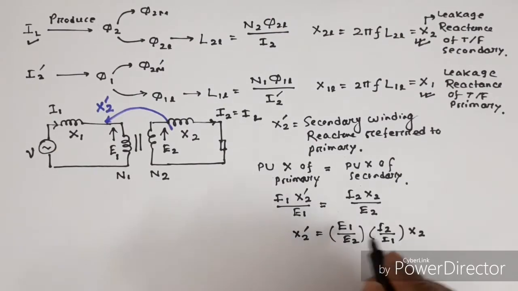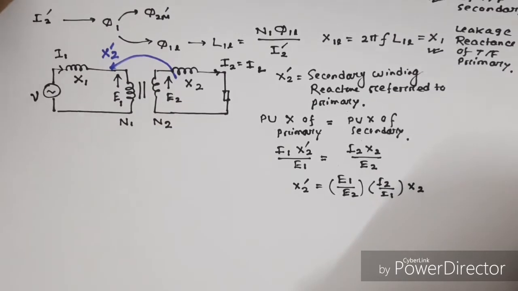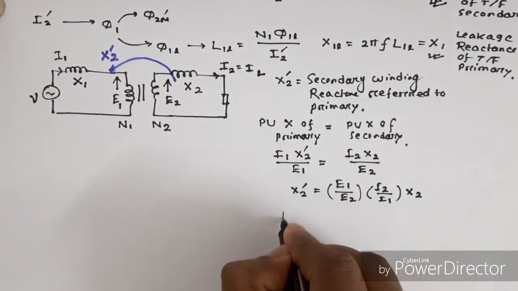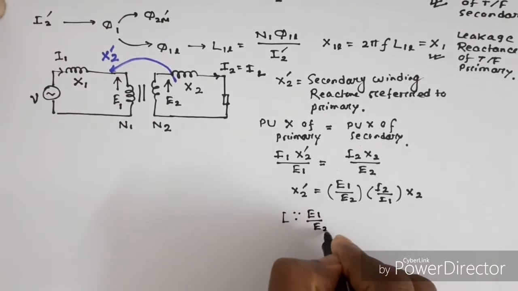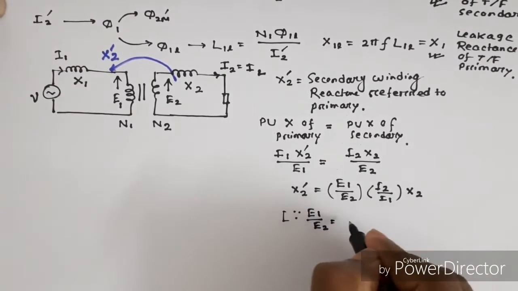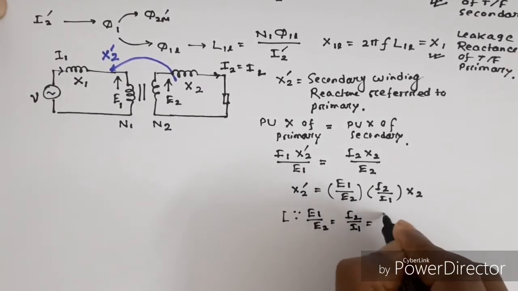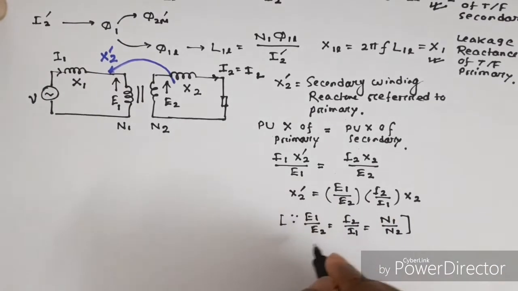As we know, the voltage ratio E1 by E2 equals the current ratio I2 by I1, equal to turns ratio N1 by N2.